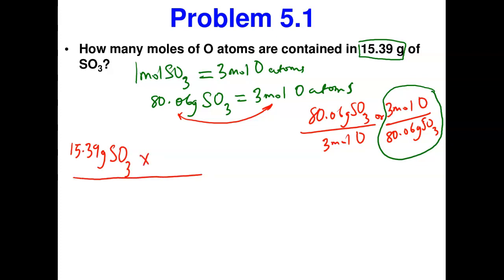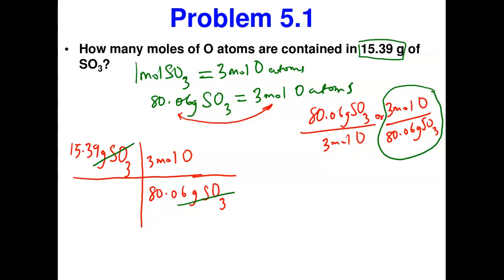You can always use the table. That seems easy for the student. I want to be using that more consistently now. Then look at the conversion factor: 3 moles of oxygen and 80.06 grams of sulfur trioxide. Let's see if this cancels. If I get my green, look at this. Grams of sulfur trioxide cancels grams of sulfur trioxide, and we're only left with 3 moles of oxygen at the top.